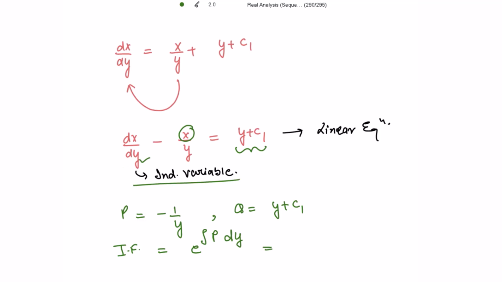So this is equal to e to the power integral of p, which is minus 1 by y dy. On solving this, we get the integrating factor to be e to the power log of y inverse, which is equal to y inverse, again 1 by y. So we are getting again the same integrating factor, 1 by y.